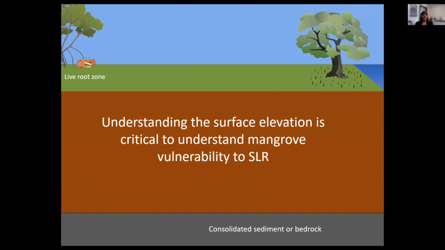So to understand surface elevation, we use a method developed by Don Cahoon and colleagues of the US Geological Survey. It's had a few iterations of the design, but it's been in development since the 1980s. And so it's been designed to answer these questions around surface elevation and vulnerability.